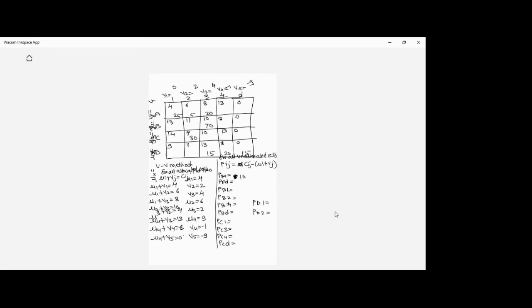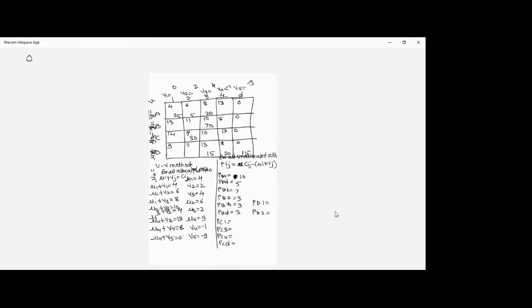For PAD, it will be 4 minus 9 is minus 5 and 0 plus 5 is 5. For PB1, it is 6 plus 0 is 6 and 13 minus 6 is 7. For PB2, it is 6 plus 2 is 8 and 11 minus 8 is 3. For PB4, it is 6 minus 1, that is 5, and 8 minus 5 is 3. For PBD, it is 6 minus 9 is minus 3, and 0 plus 3 is 3.